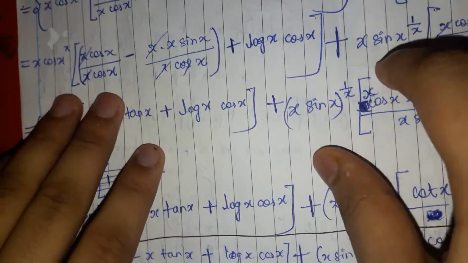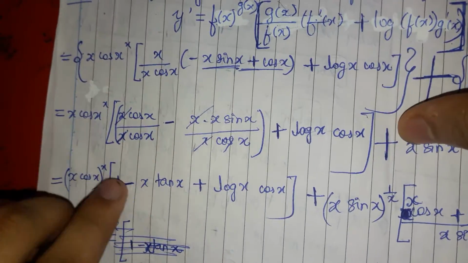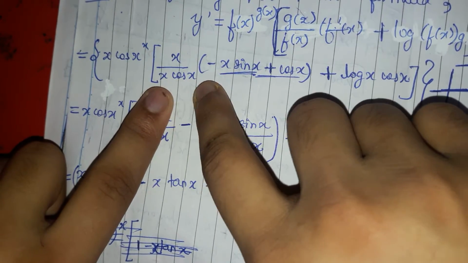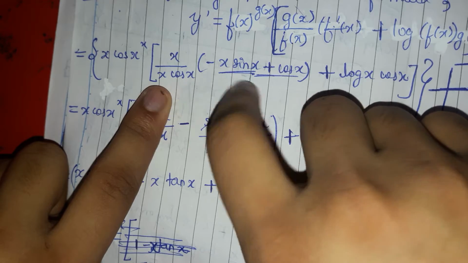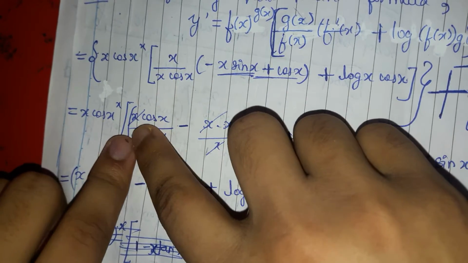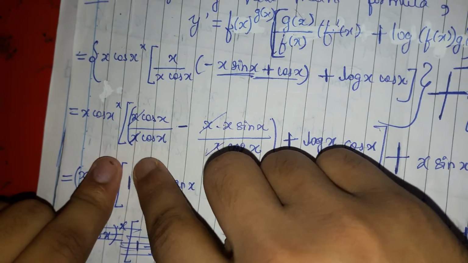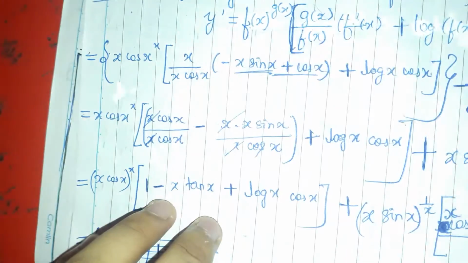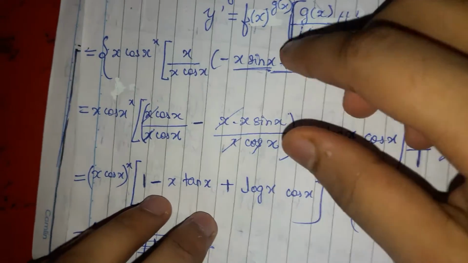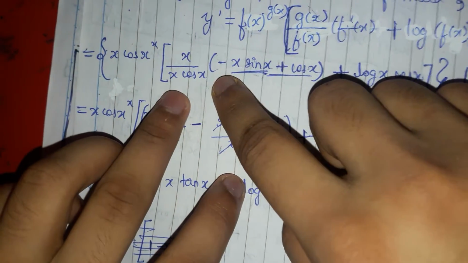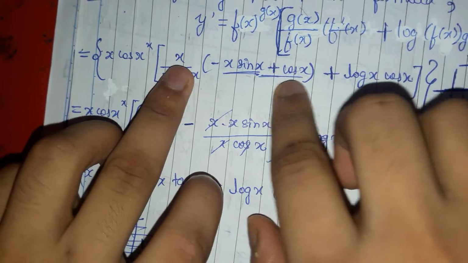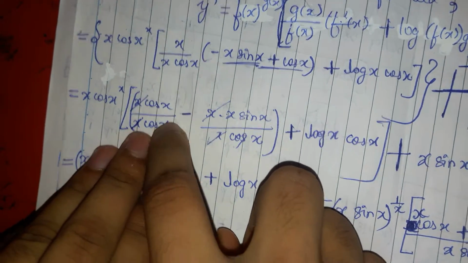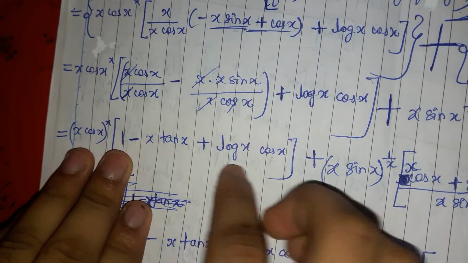Now move on to the next. Now we solve further. I have distributed x cos x to both of them. I have written x cos x upon x cos x first, because I matched the answer with NCERT.